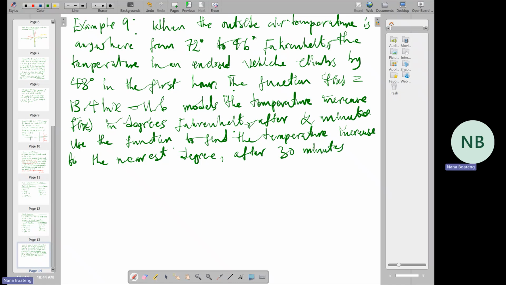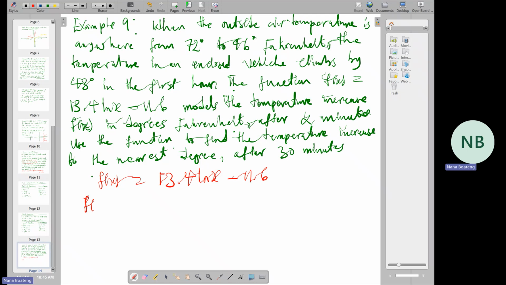All right, so the function f of x is equal to 13.4 natural log of x minus 11.6, and x is the number of minutes. So when we need to find the temperature after 30 minutes, that would mean we have to find f of 30.